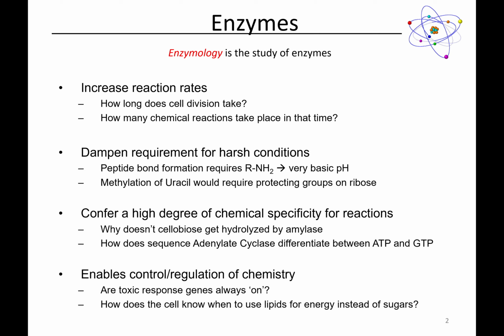Okay? The third one is we confer a really high degree of chemical specificity. So this is the idea that we only want a certain reaction to happen, right? So for glycolysis, for example, we talked about how the first step in glycolysis is putting a phosphate onto carbon 6 of glucose.